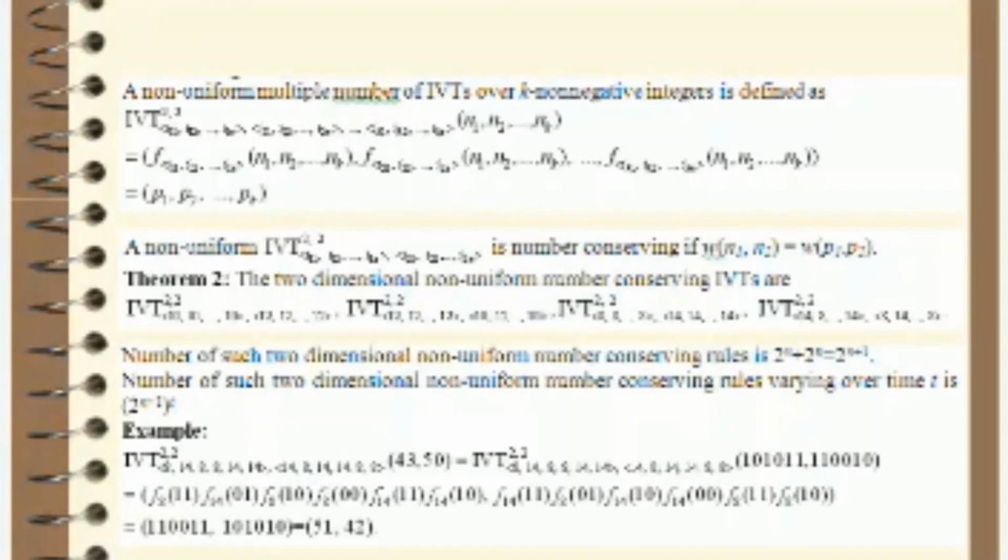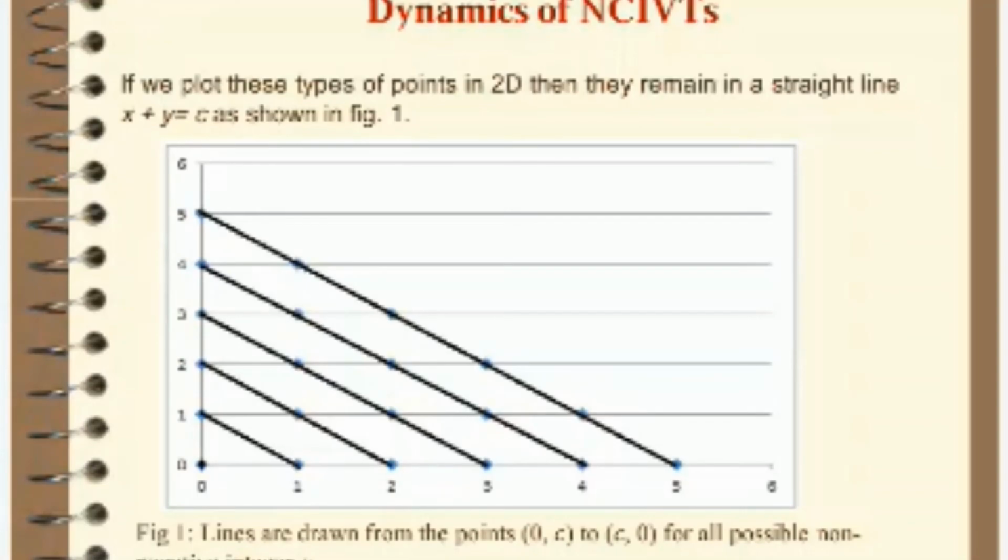And one example is also given, and here we have taken two numbers 43 and 50, and two rule vectors act on it, and it gives rise to two numbers, that is 51 and 42. And it is also observed that the sum of the two inputs is the same as the sum of the two outputs. That means 43 plus 50 equals 51 plus 42.